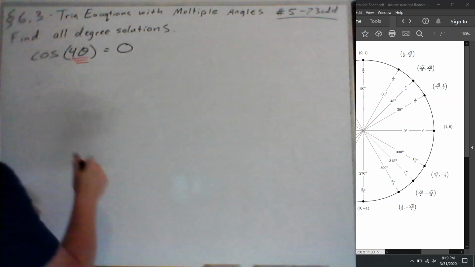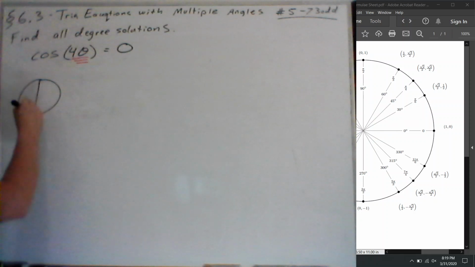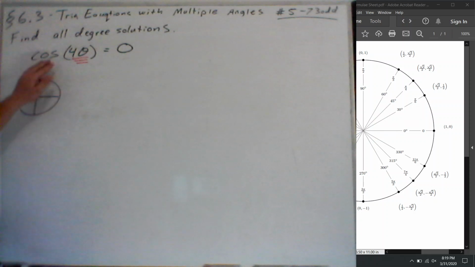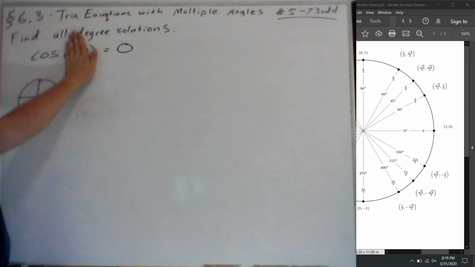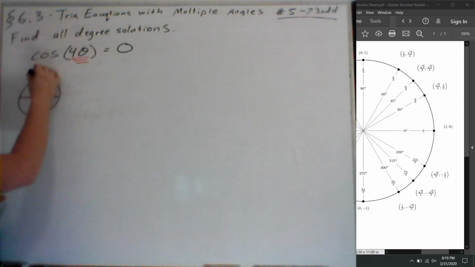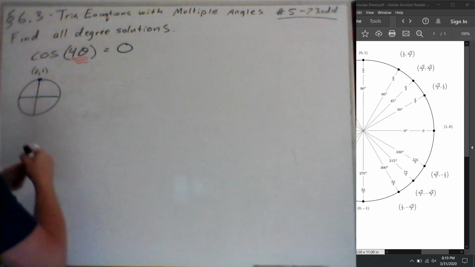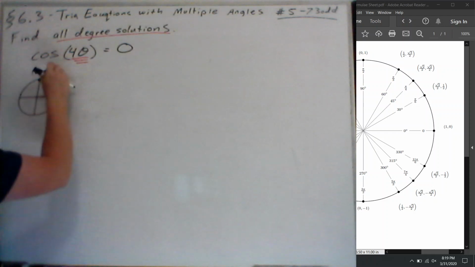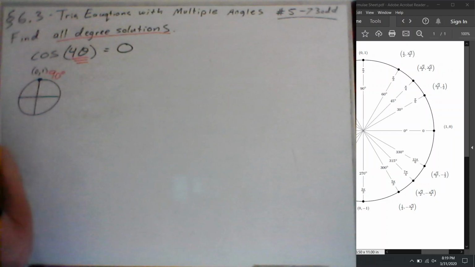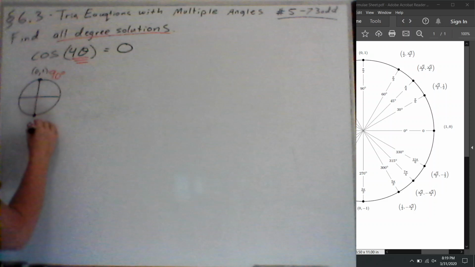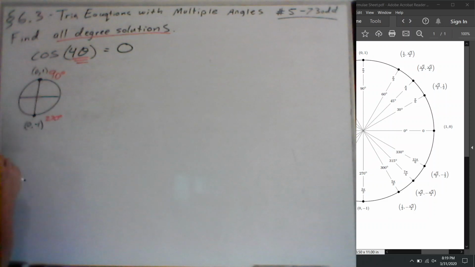So we want to go to our unit circle and find where would cosine of some angle spit out the number 0. Well, it would be here at (0, 1). Again, we're in degrees, so I'm going to say 90 degrees. And down here at (0, -1) for our ordered pair, that's 270 degrees.